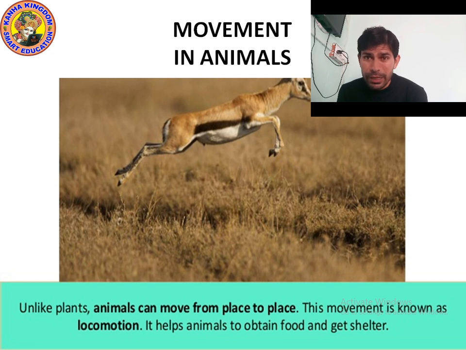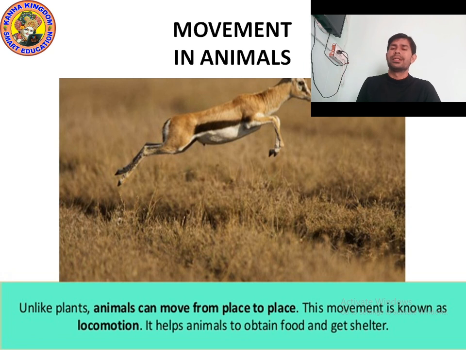Many animals can climb on trees. Different animals use different body parts to move. Birds use their wings to fly, and fishes use their body parts to swim.